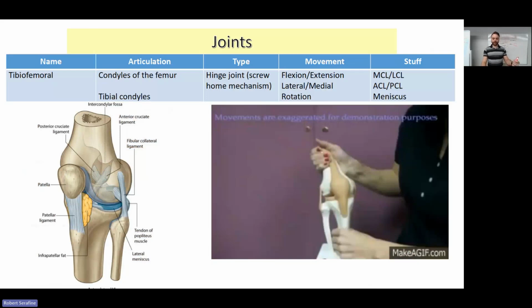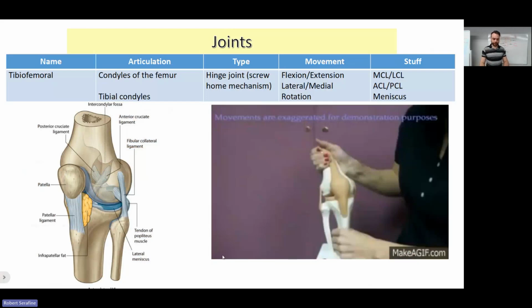And in a previous lecture where we talked about joints in depth, we said that this is a hinge joint, but it's a special type of hinge joint because of the rotational movements that it can produce as it moves into and out of flexion and extension. Because, as we know, hinge joints can only perform flexion and extension. However, there are minor degrees of lateral and medial rotation at this joint as the joint moves into and out of flexion and extension.